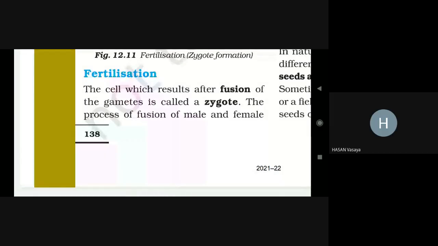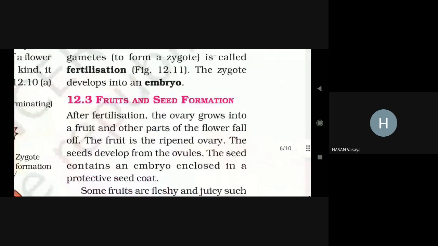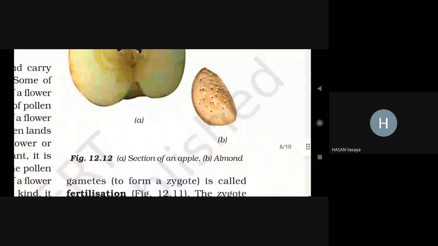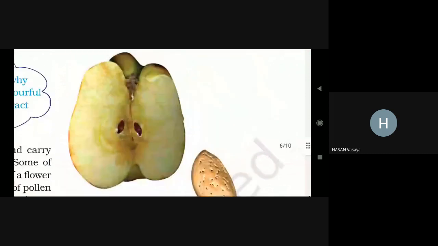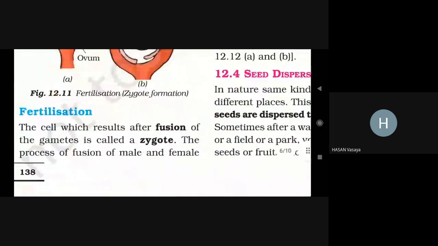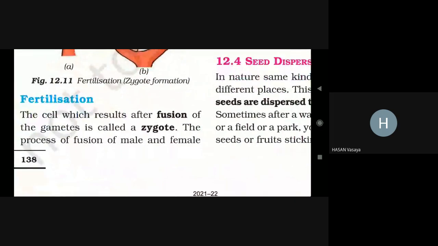The cell which results after fusion of the gametes is called zygote, and the process of fusion of male and female gametes we call fertilization. First remember, fertilization means what?